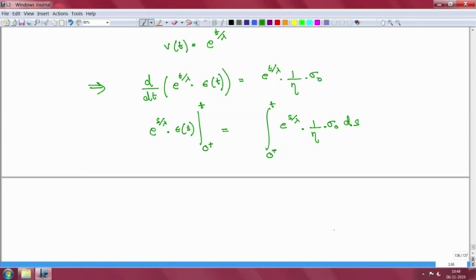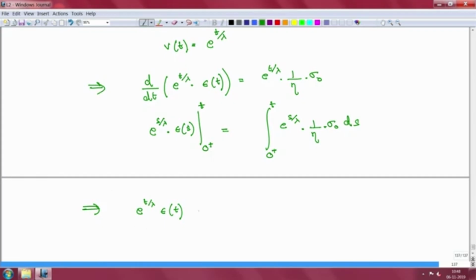So you end up with an exponential, e to the power t by lambda, times epsilon t, and epsilon 0 plus is 0, which we just did.